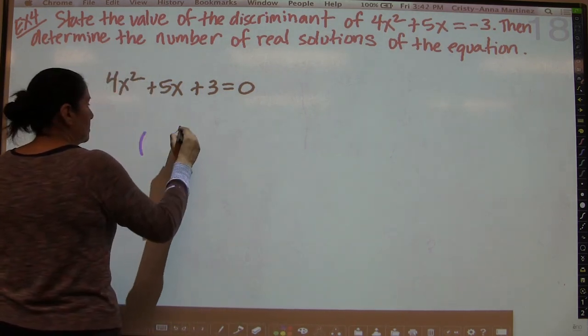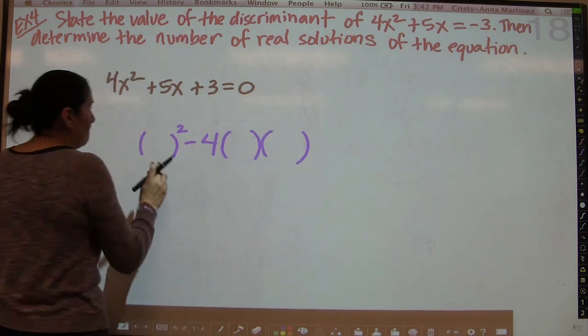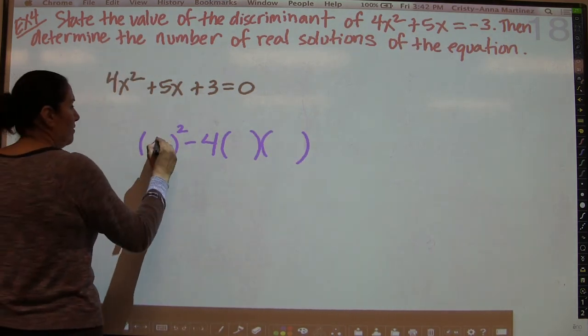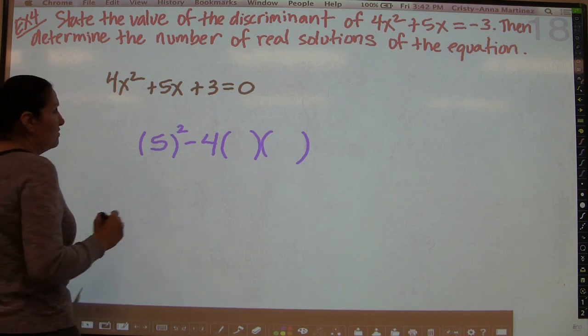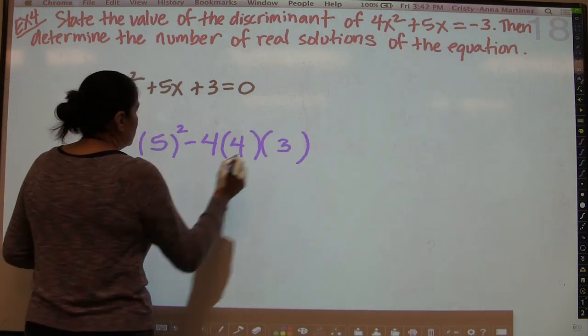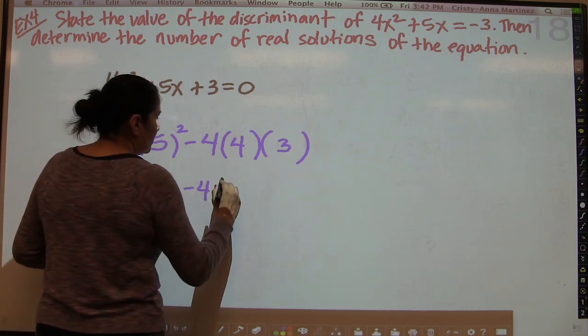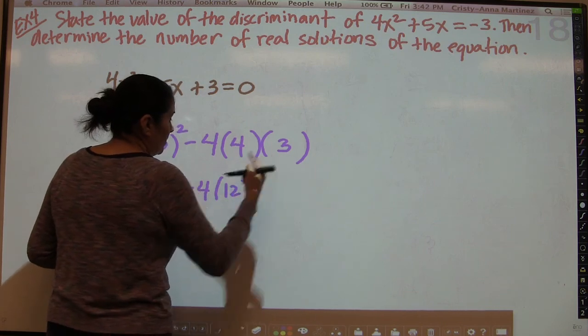So b squared minus 4ac. b is 5, so b squared is 25. Okay, b squared minus 4a, a is 4, and c is 3. So we're going to get 25 minus 4 times 12, because 4 times 3 is 12.